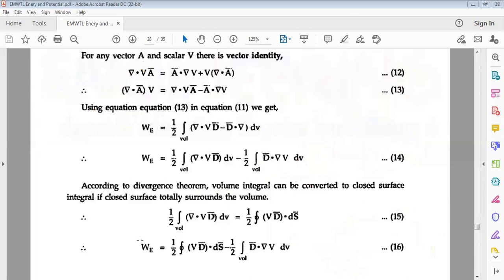Got it, my dear students? So finally W is equal to 1 by 2 the surface integral v d bar dot ds bar, the first part converted to the surface integral, minus 1 by 2 the volume integral d bar dot del v.